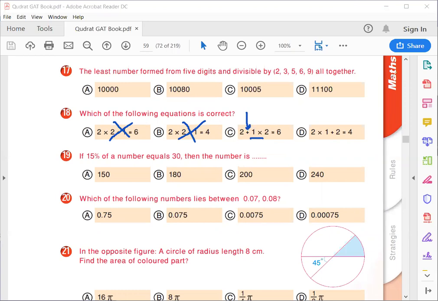So here 1 multiplied by 2 is 2. 2 plus 2 is 4, not 6. It is wrong. Number D: if you multiply 2 times 1 is 2, plus 2, oh, it is 4, right? So the answer is D. Do you get this point?